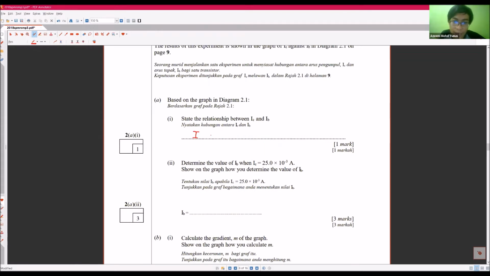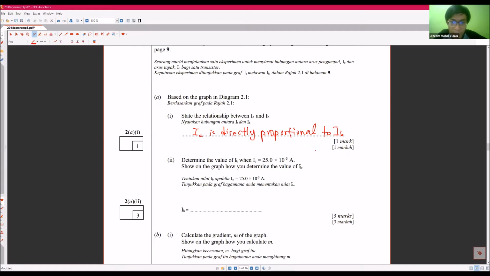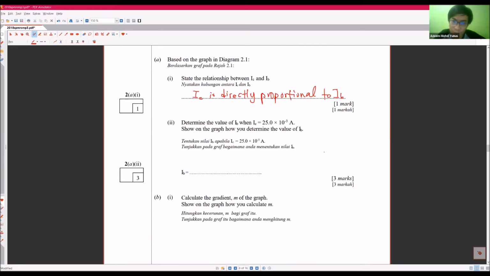IC is directly proportional to IB. As simple as that. This should be your first mark, and hopefully you make no mistake here.